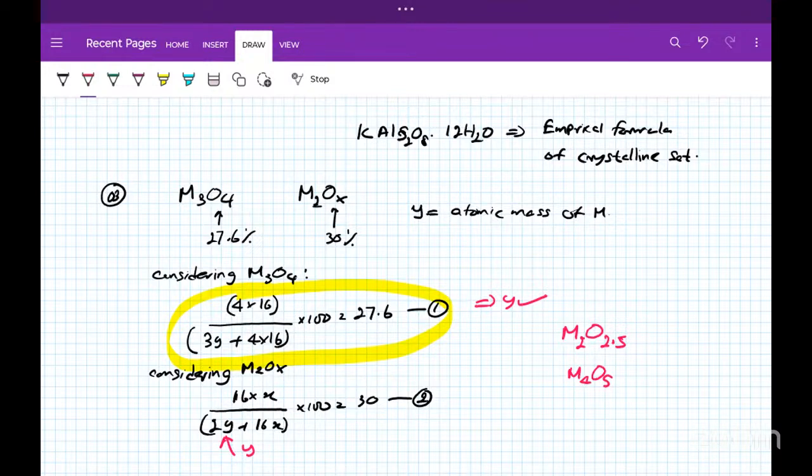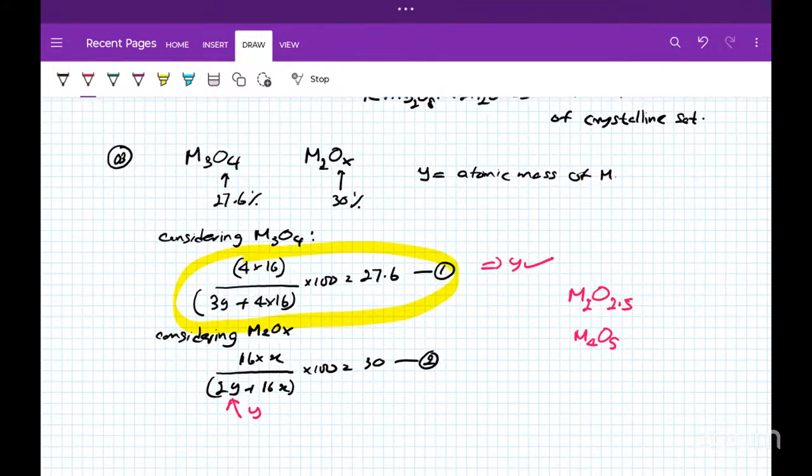I'm just giving you some examples. If X is like 1.33, then I will multiply this by 3. So this will be M6O4, right? So likewise, you have to eliminate these decimal places by multiplying, same as we do for the empirical formulas, right? Multiply by a whole number until the decimal places become whole numbers.